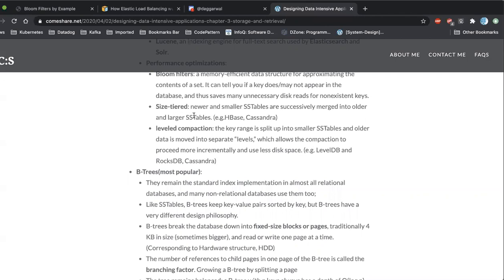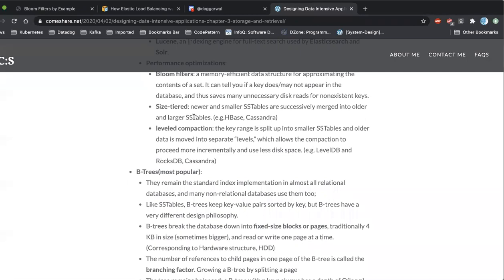In size-tiered, newer and smaller SS tables are successively merged into older tables. I'm assuming compacting the smaller ones into bigger ones helps us in a way where we don't have to maintain multiple segments.